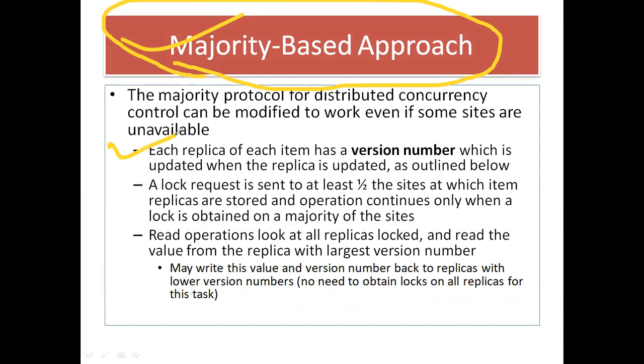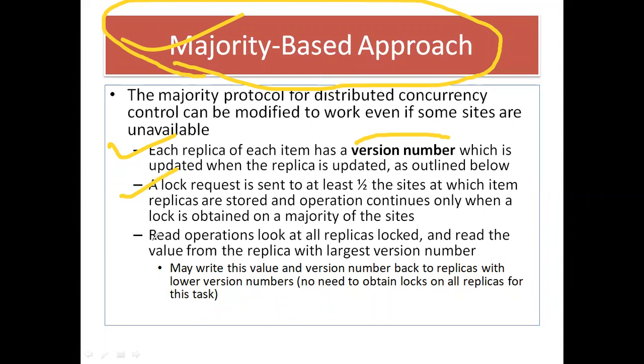The points to be noted are that each replica of an item has a version number, which is updated when the replica is updated. A lock request is sent to at least half of the sites at which item replicas are stored. An operation continues only when a lock is obtained on a majority of the sites.